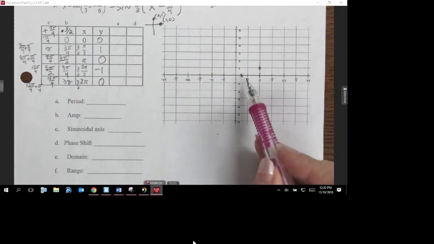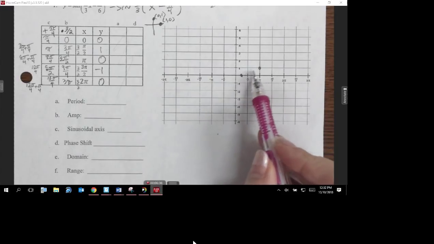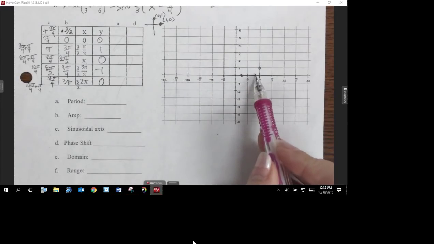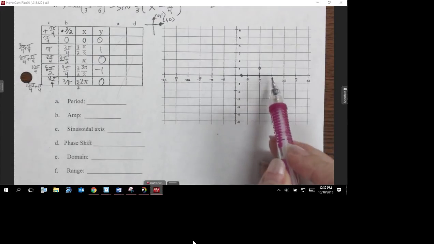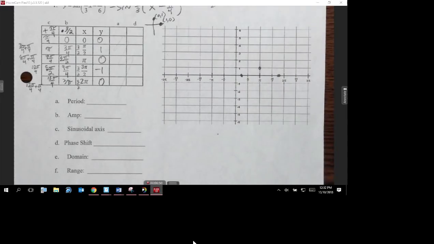So if I look here and horizontally, I look at how far apart the x's are. How far apart are they, like unit-wise, like boxes? 1.5 boxes. So the next one, 7 pi over 4, has to be 1.5 boxes apart. That's one way you could figure it out.